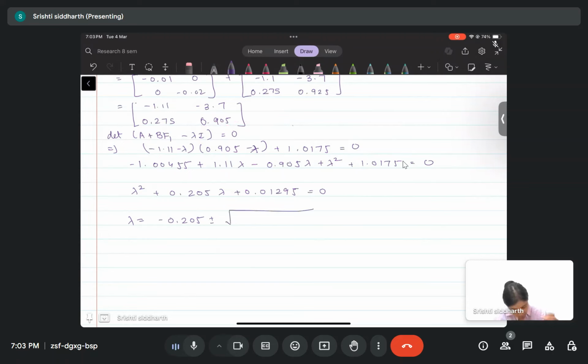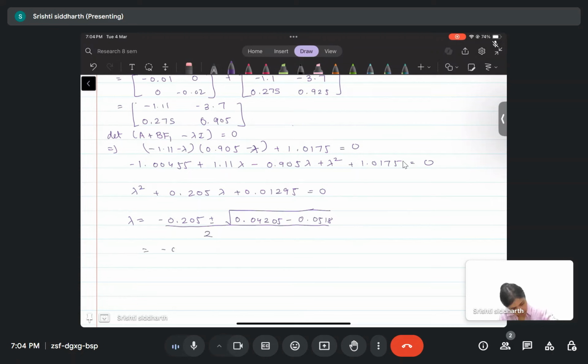Plus minus square root of b squared, so we're going to say 5 squared minus 4ac. So we simply have 1 into 0.01, divided by 2.